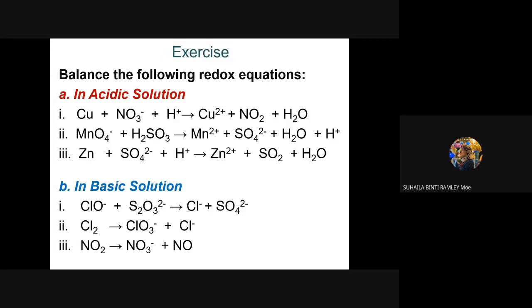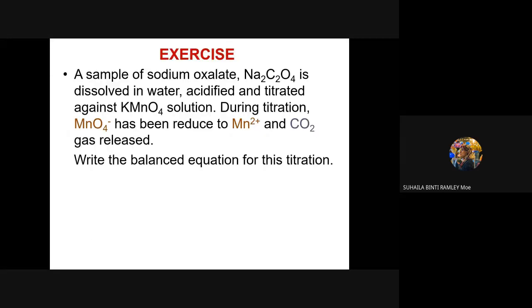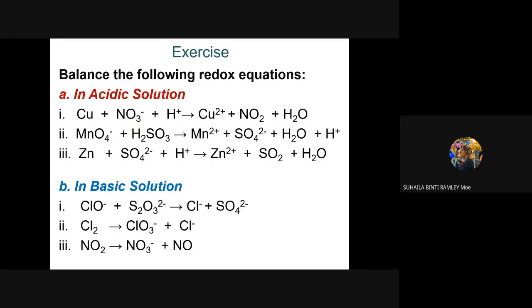Okay, I think we stop here. For the application of this redox equation, we will continue in the lecture section.